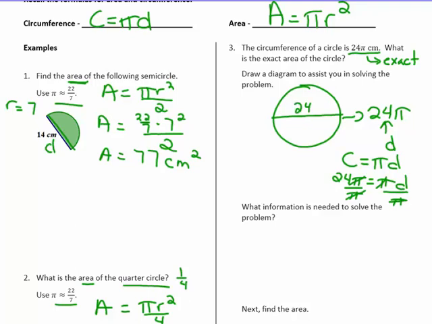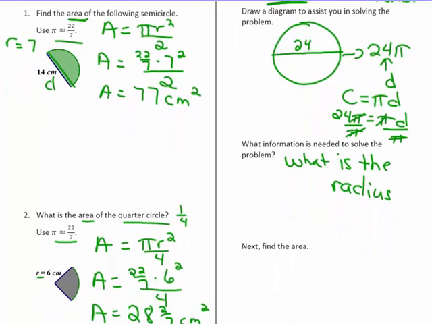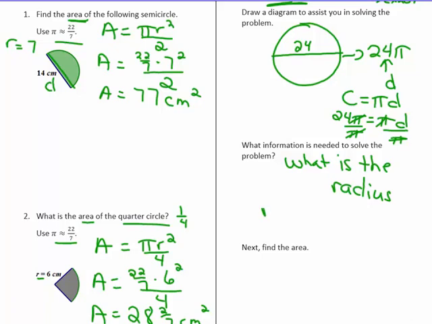All right, what information is needed to solve the problem? I need the radius, because we're looking for the exact area. So if my diameter is 24, that means my radius has to be 12. Now I can find the area. Area equals pi r squared.